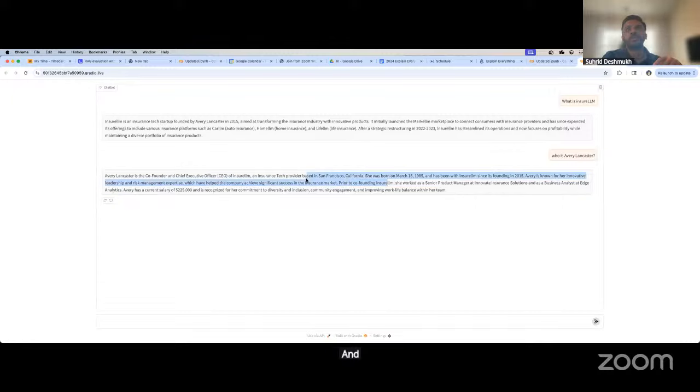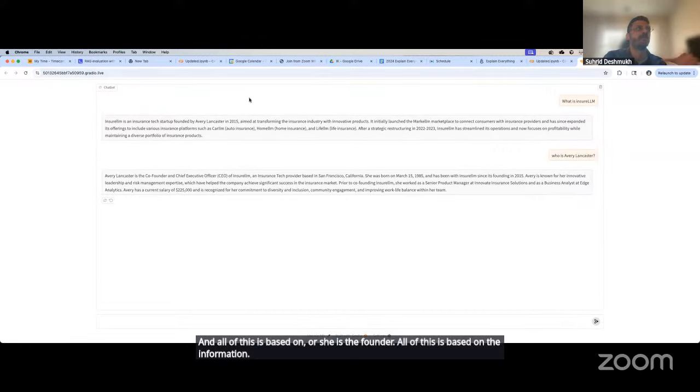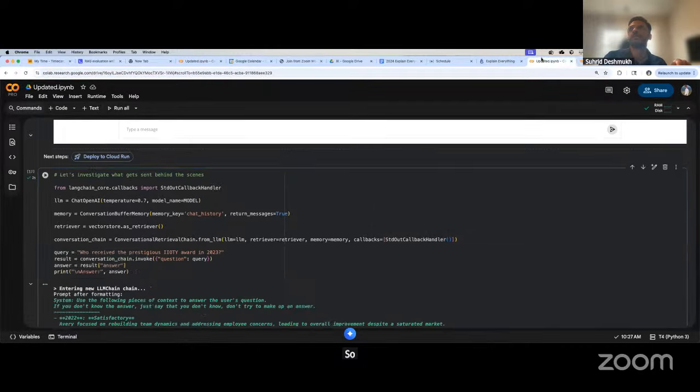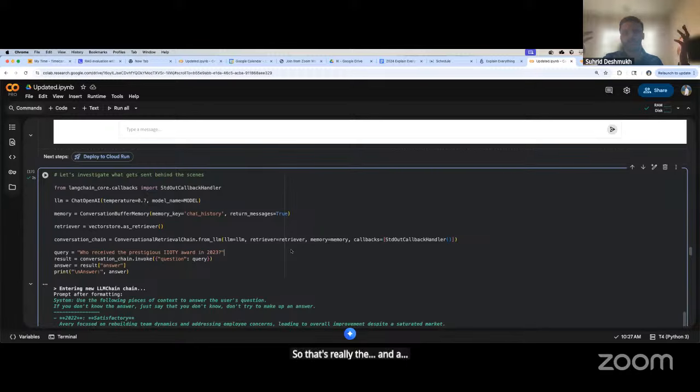Or she's the founder. All of this is based on the information that we provided to our system in our vector store documents and so on. So that's really a very high level demo about RAG-based systems.